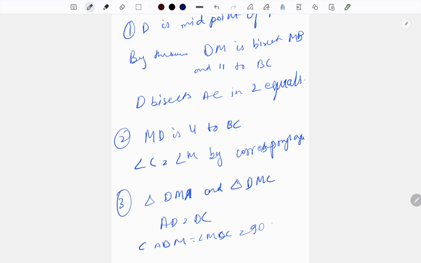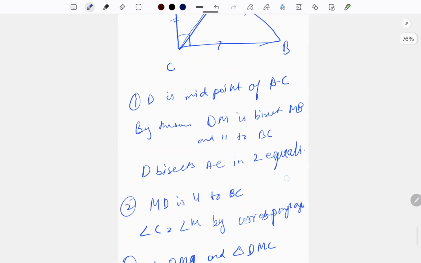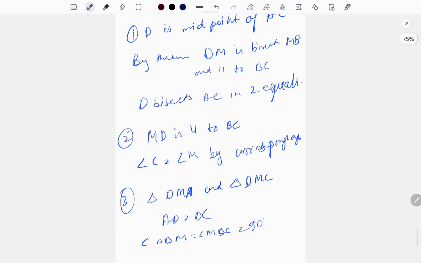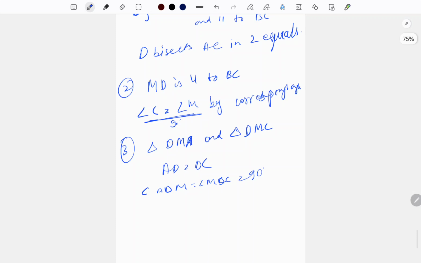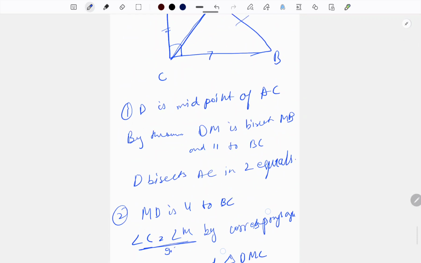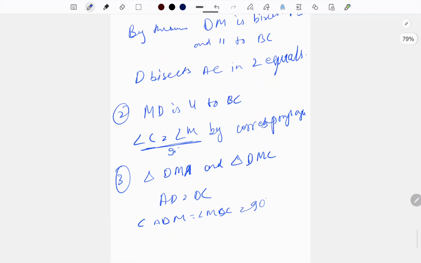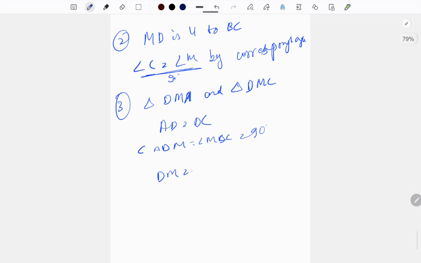Already we have shown here. Both are 90 degree. Now third part goes, DM is common.